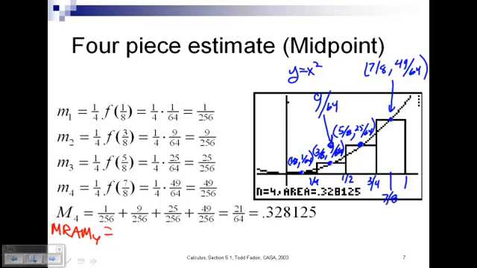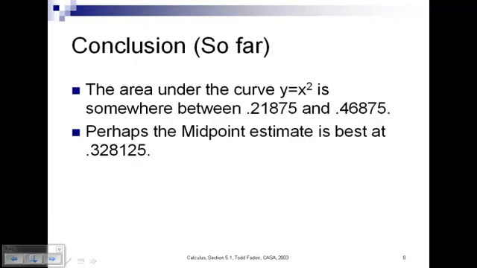Now, I have a question for you. I would say at this point, the area is somewhere between 0.21875 and 0.46875. And probably the best estimator out of those three is the midpoint.